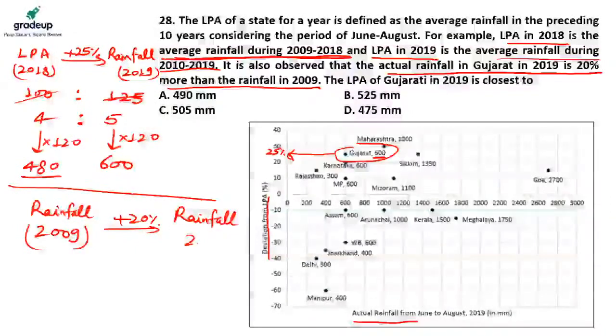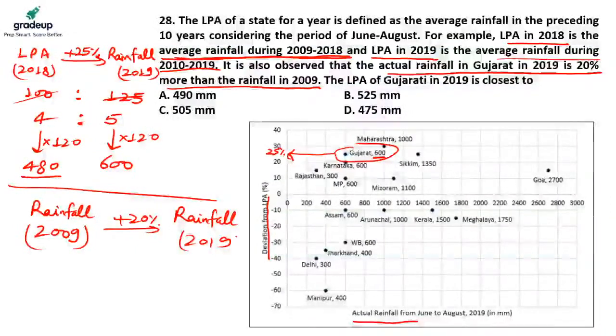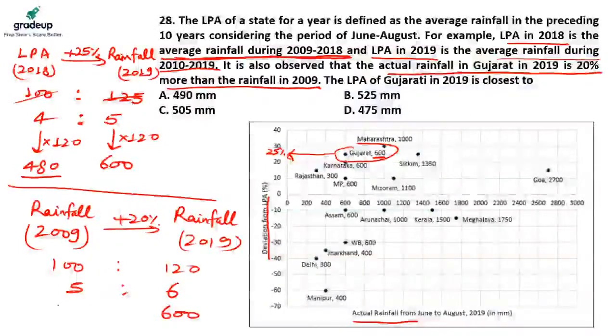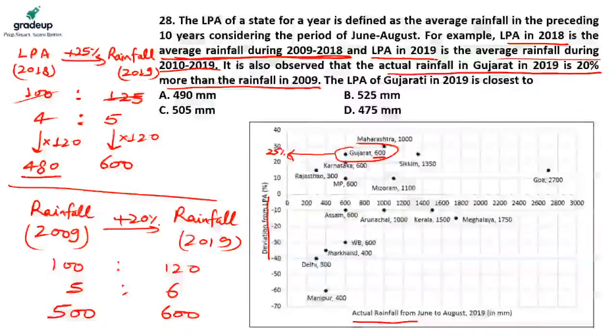So can I say the ratio is 100 is to 120, isn't it? Or you can even say 5 is to 6. If 6 parts are 600, so 5 parts are 500, isn't it? Done.